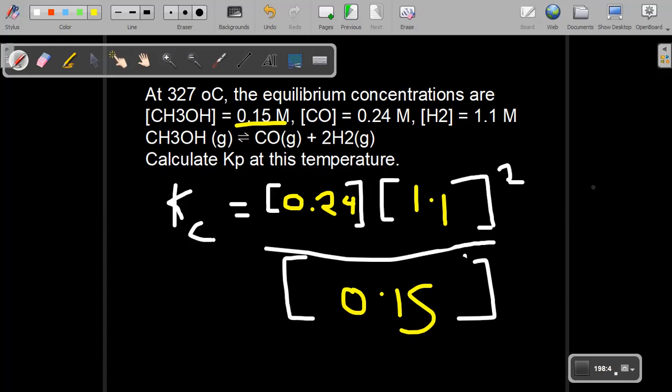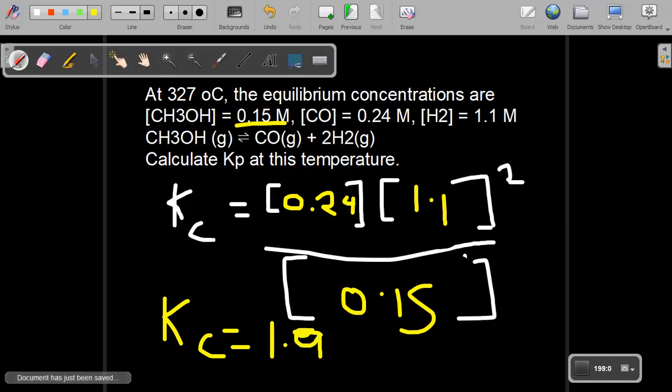So therefore our Kc is going to be equal to 1.936. Okay. So what is our Kc? I believe we all know how to do that.